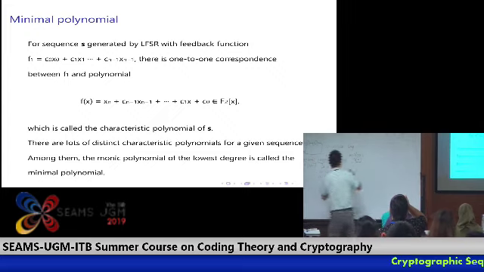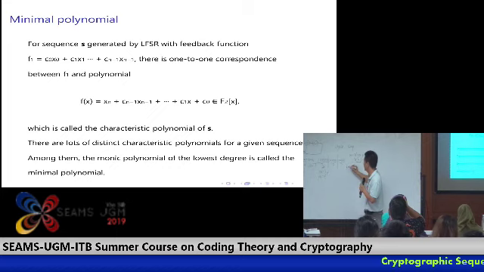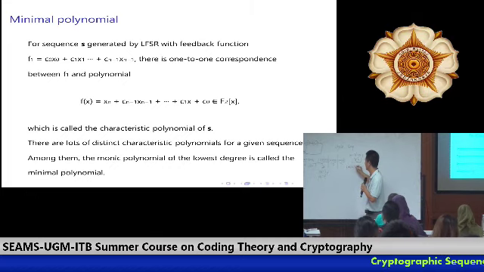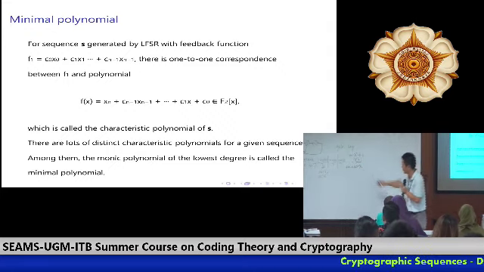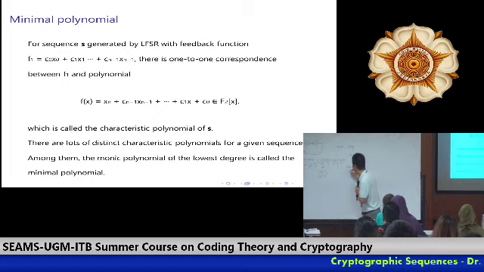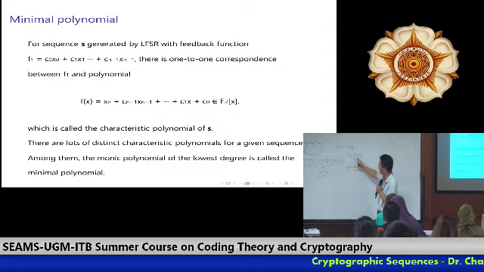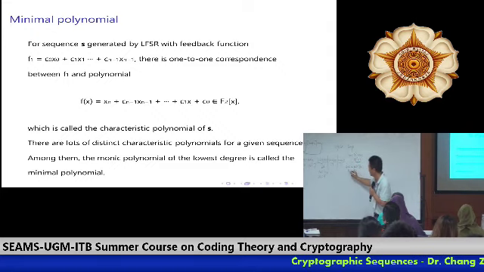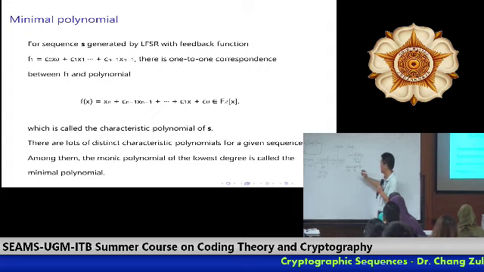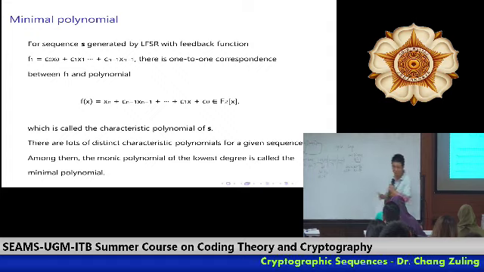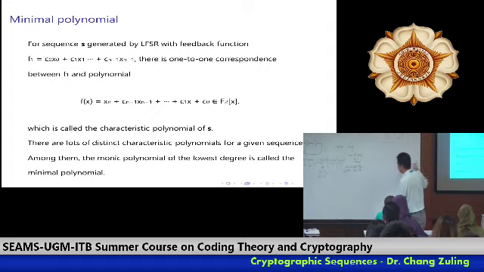The function f(x0, ..., x6) equals x0. The degree is 7, so we take 7 elements, and F equals x0 corresponds to this one.